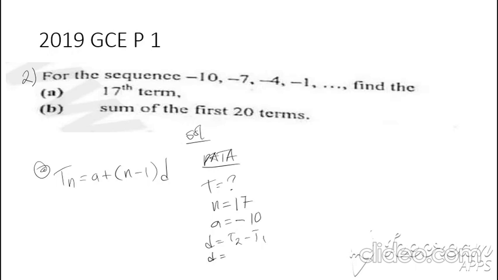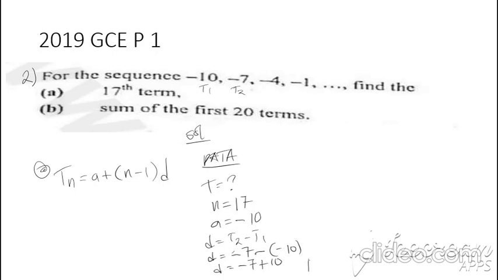Here the first term is our T1, and the second term is -7. So we have -7 minus the first term, which is -10. Here you maintain this -7, then negative times negative, that's +10.